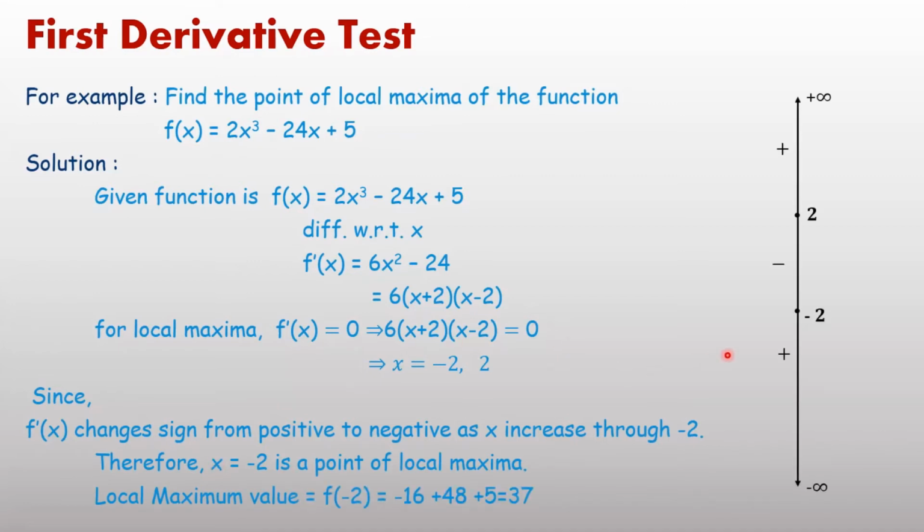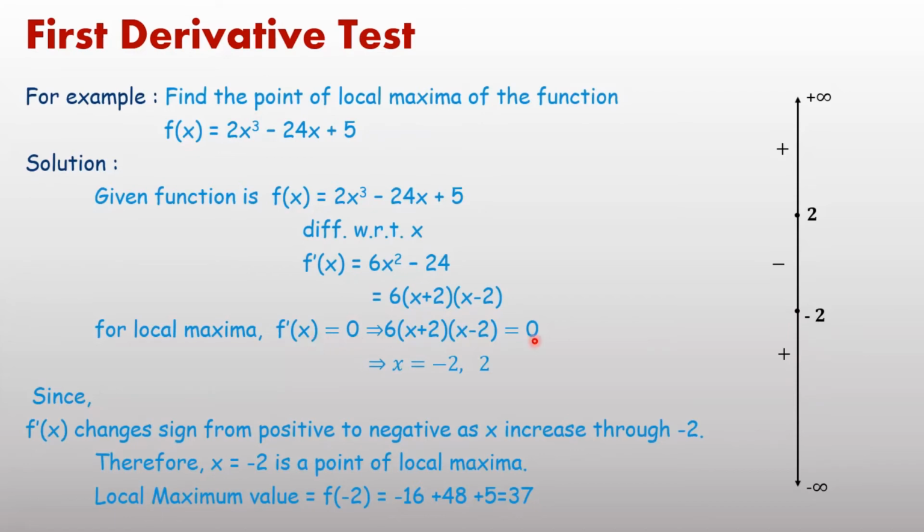Nature of function means just observe here: x equal to minus 2 and plus 2, 2 points we are getting. Just on the real number line, mention these 2 points, minus 2 and plus 2. The value of f'(x) will be positive if x is greater than 2, negative between minus 2 and 2, and again positive if x is less than minus 2.